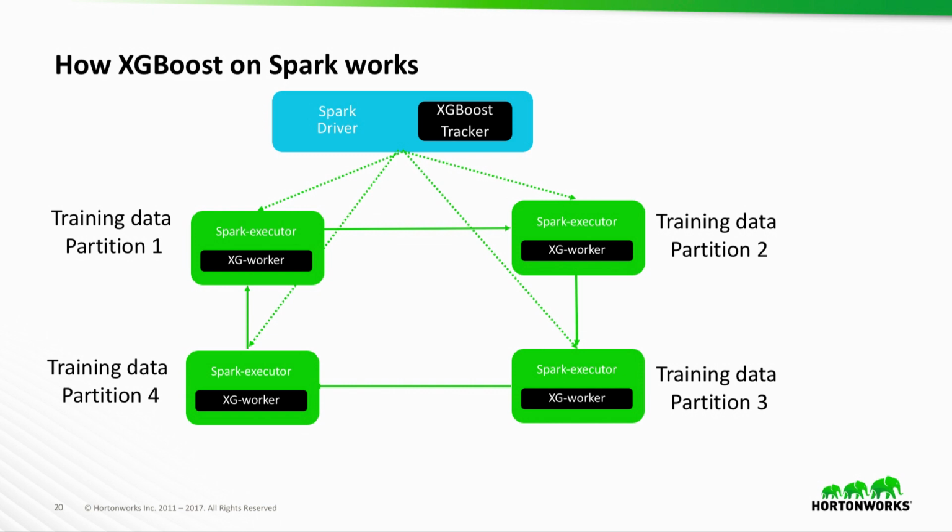Another issue is that at each worker node or executor node, we need to copy the data from the Spark partition memory space to the XGBoost memory space. Currently we use a very ugly but well-working solution. We first copy the data to XGBoost's JVM memory, and then process it on the XGBoost side.